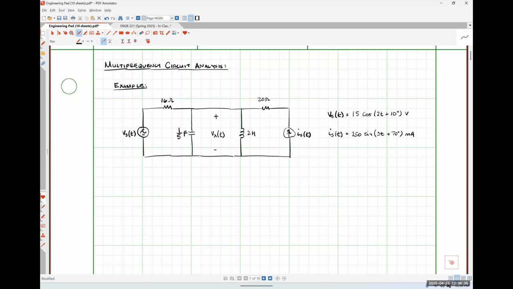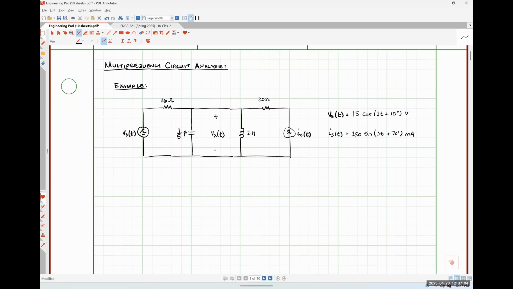Yeah, so effectively what we're going to wind up doing is superposition, where we're going to analyze the circuit at each frequency and then add those results together at the end. Because if our circuit is a linear system, meaning that it's composed entirely of resistors, capacitors, inductors that don't vary in time, we should be able to use just conventional circuit analysis techniques at each individual frequency.